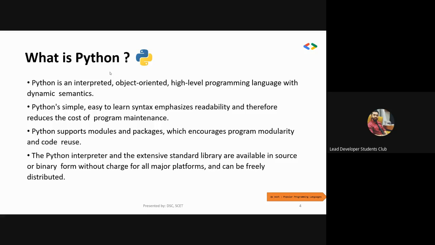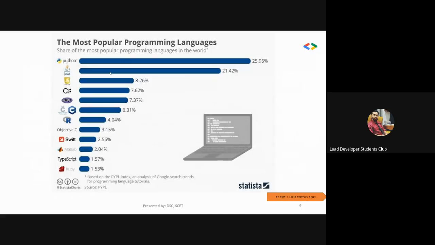The basic thing why Python is so famous is, as you can see, that Python is one of the most popular languages right now. It is the most popular and also the most growing language after Java. If we see 5 years back, everyone was talking about Java.